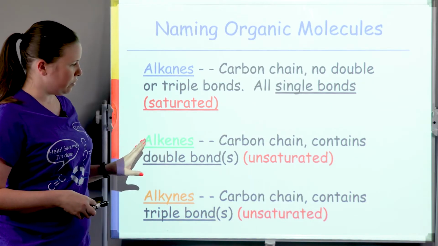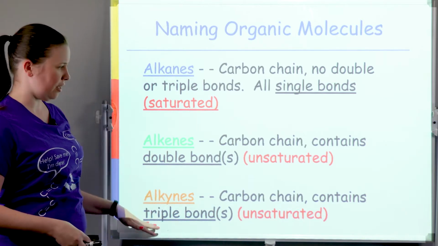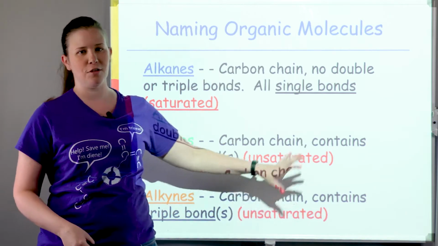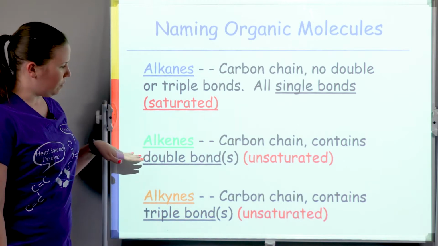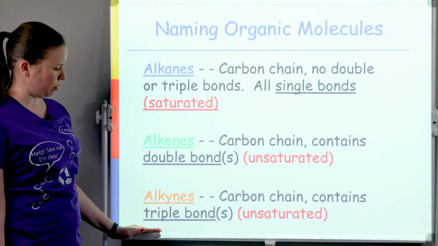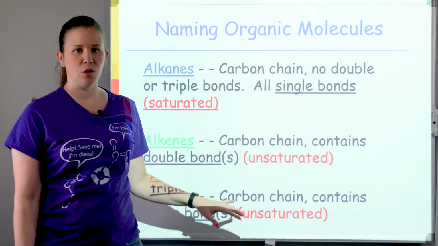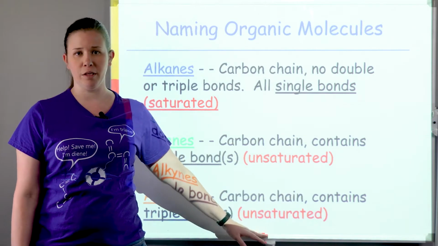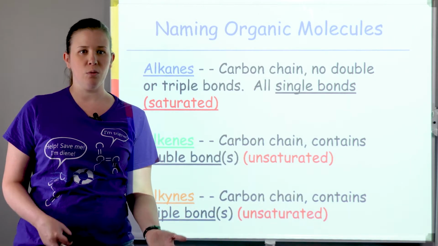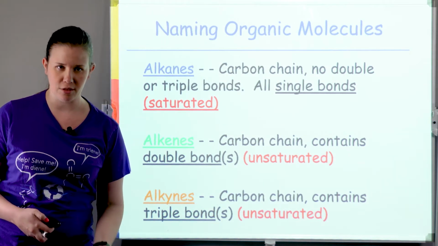But then you have 2 different types of unsaturated hydrocarbons, alkenes and alkynes. If they're double bond based, then we would call them alkenes, and if there's triple bonds, we would call them alkynes. Either version here would result in an unsaturated compound because that bonding would mean that we don't need as many hydrogens, leaving it unsaturated with hydrogens.